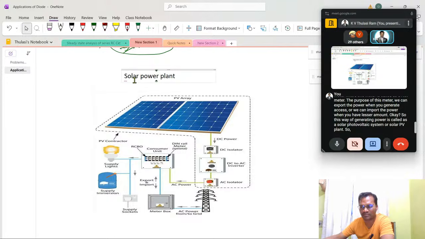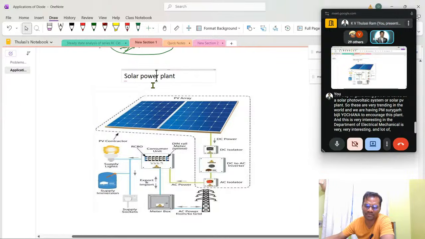These are very trending in the world, and we have the PM Surya Ghar Muft Bijli Yojana to encourage such plants. It is very interesting in the electrical and mechanical departments, and there is a lot of scope for the future of India as well as Andhra Pradesh.